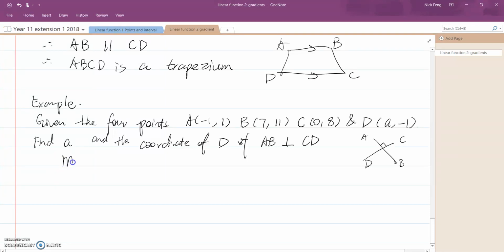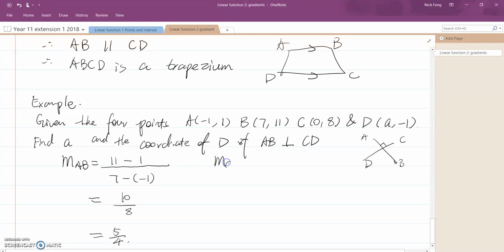So the gradient of AB using the rise over run definition, y2 minus y1 over x2 minus x1 would be, that's 10 on 8, 5 on 4. Yep.